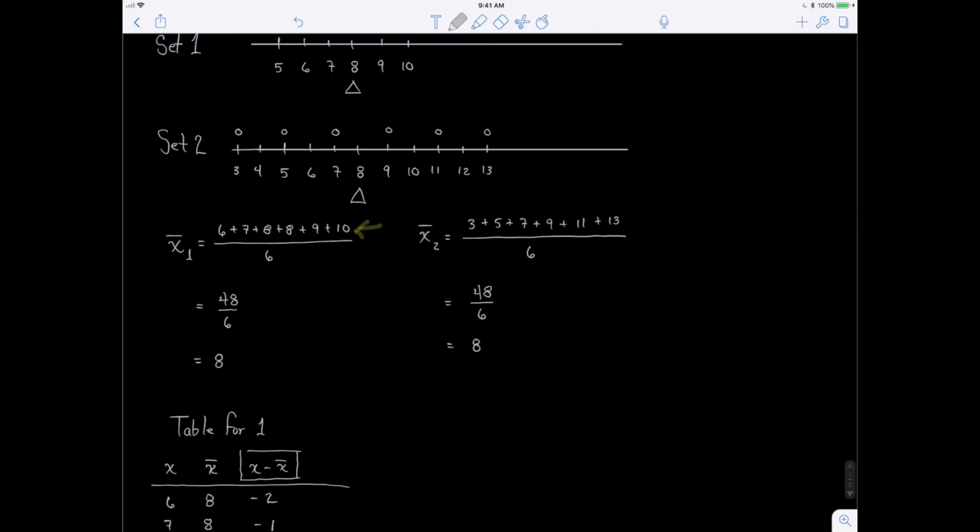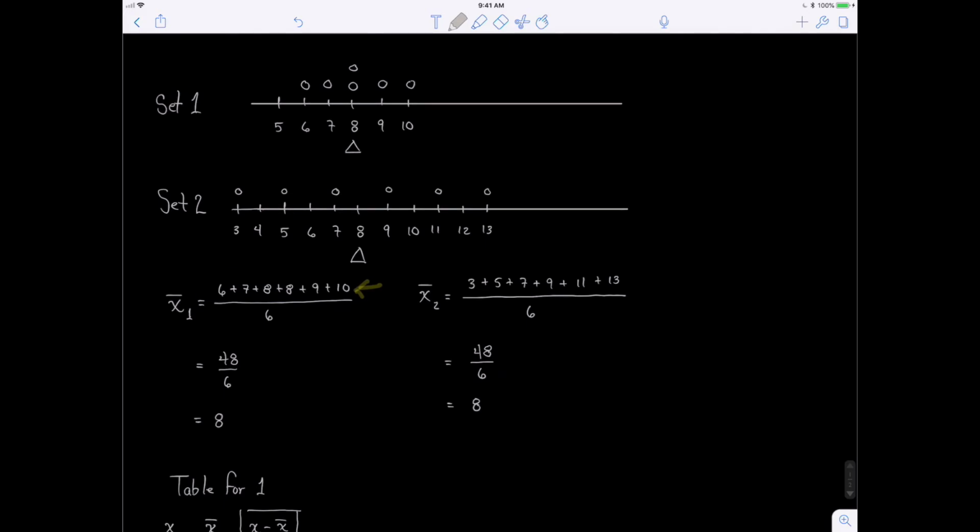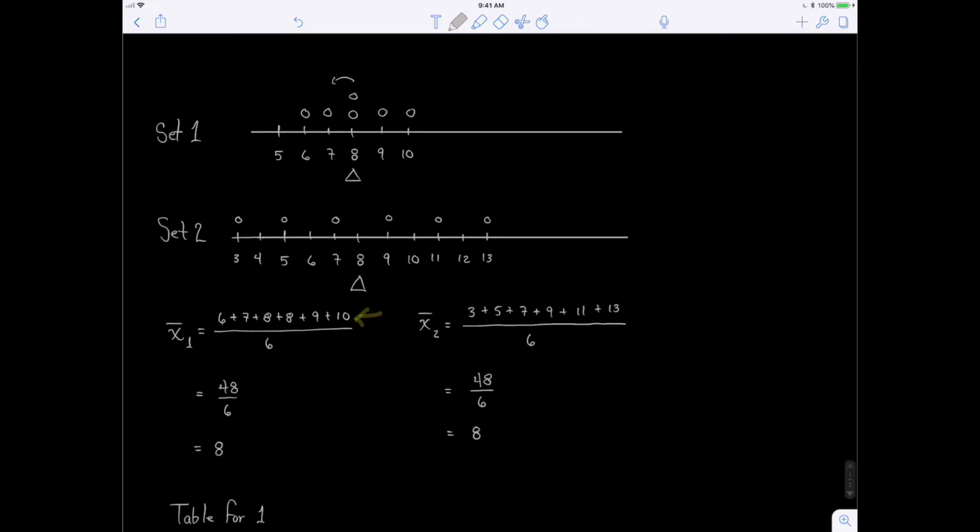So notice this. If I look at this first data set, here's my mean. And down below we said 7 was minus 1. So 7 here is 1 unit left. So minus 1 is 1 unit left of the mean.